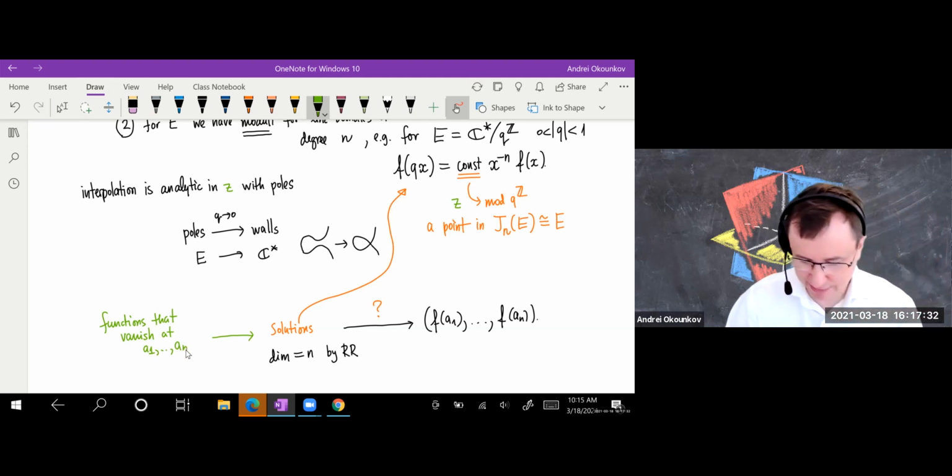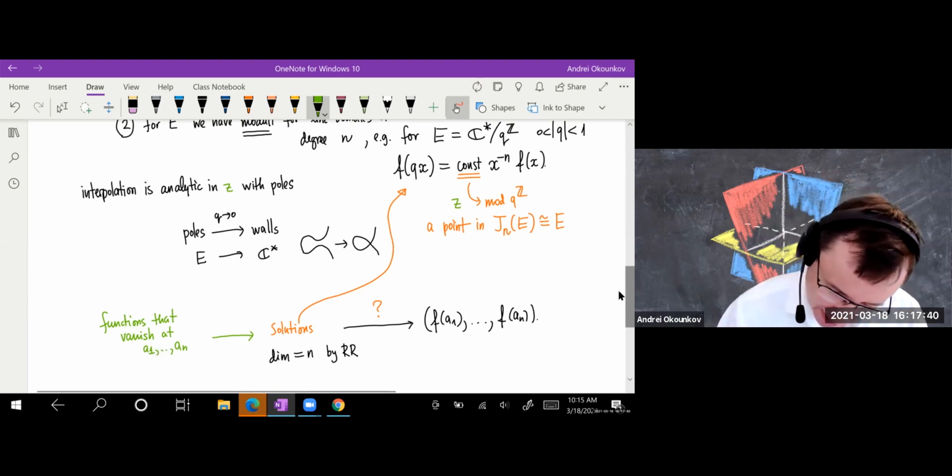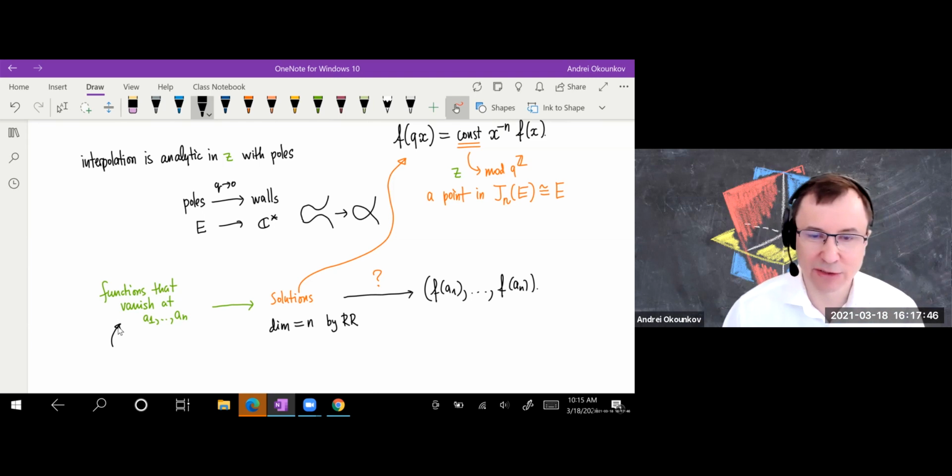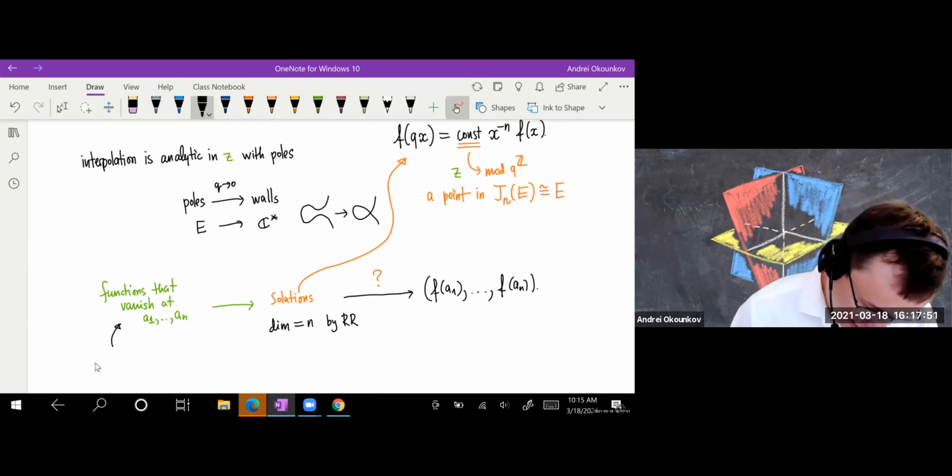All right, so this being spaces of the same dimension, this is an isomorphism if and only if there's no function that vanishes at these points. But any such function, any section of a line bundle of degree n vanishing at these points, has to be proportional to a product of theta functions.